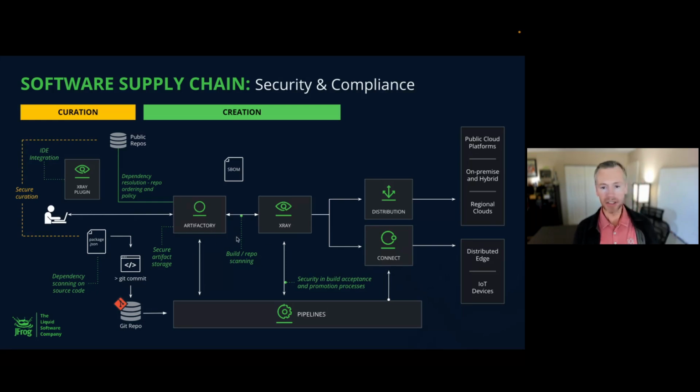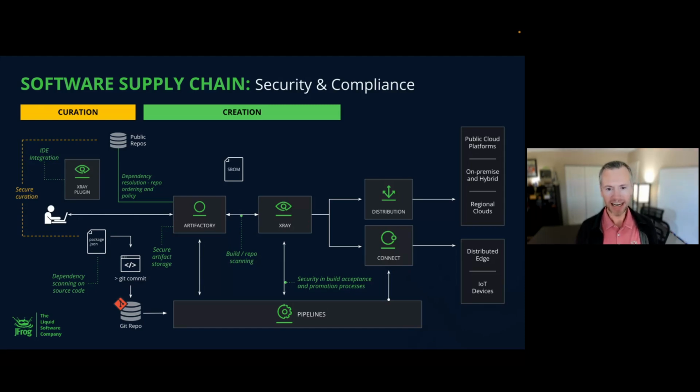Now, storing that is great. This is where the build happens. And then you need to be able to scan these builds as well as these packages. JFrog Xray is our capability that allows us to scan this. And then pipelines can be used to distribute as well as create builds, or you can use Azure DevOps, which I'll show you today, or Jenkins, or whatever your tool is.